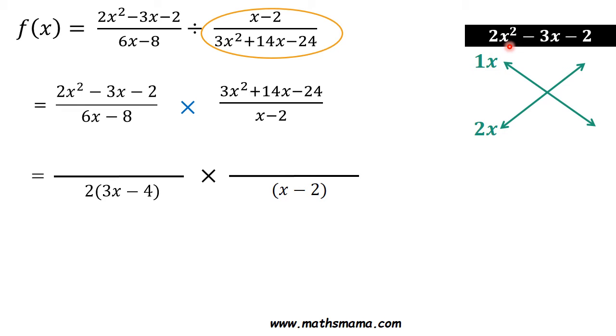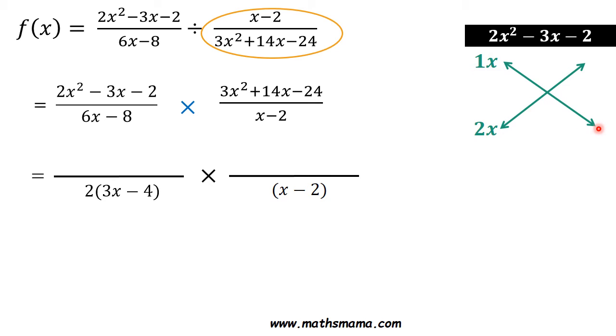In the second step, you have to find the factors for negative 2. So what are the factors? It could be negative 2 times positive 1, or positive 2 times negative 1. You may be wondering how we guess the correct sign. For that, you have to multiply these numbers across the line and add together.